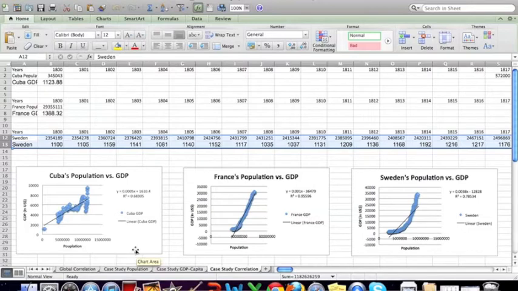The one I'm interested in is Cuba. It's not a great correlation, but it's still okay. And it's all over the place, compared to France and Sweden, which are very nice curves. So I think I'm going to focus on Cuba because I'm very curious about what might be causing their correlation to be so low.